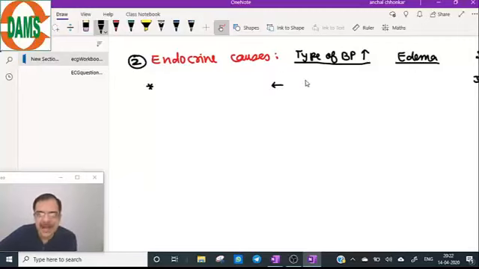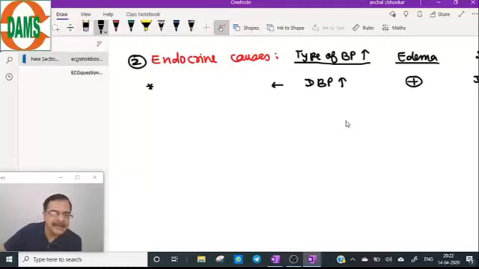Here it is diastolic BP, and edema is present, and that edema is a non-pitting edema.